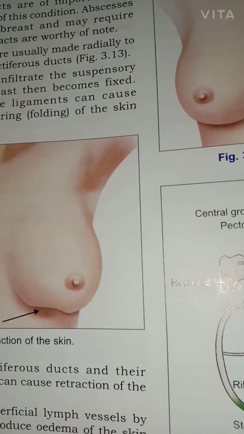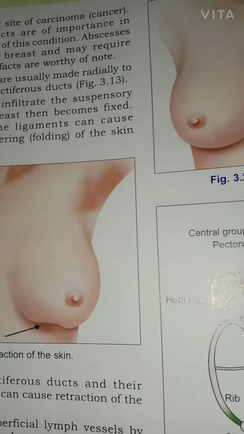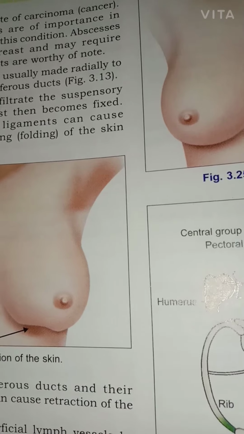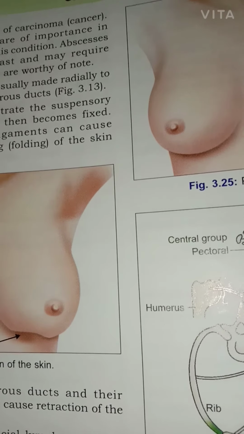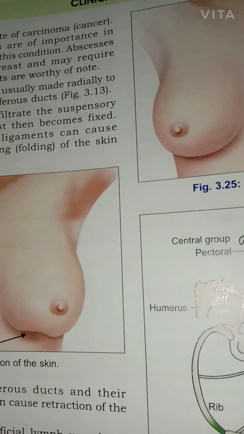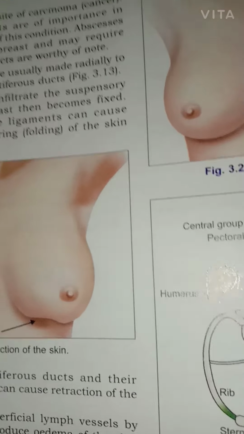Another clinical point related to the breast is infiltration of the lactiferous duct and the consequent fibrosis. It can cause retraction of the breast. Here you can see the retraction of the breast.